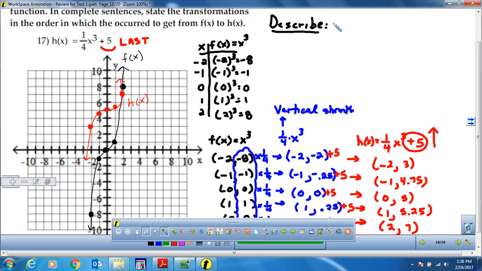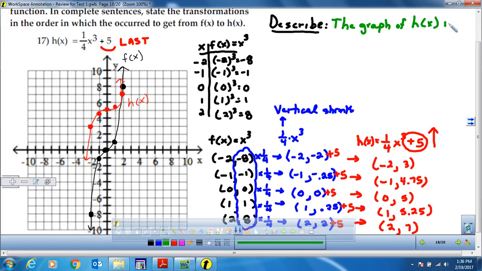On the description, we're going to start by saying the graph of h of x is the graph of f of x, but the first thing that happened is that it was shrunk vertically.